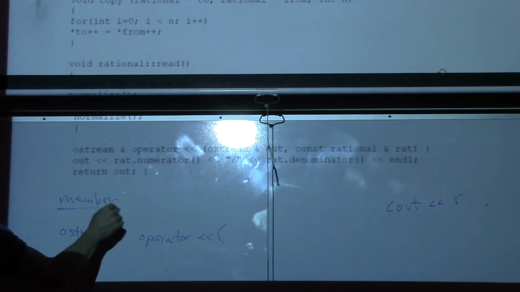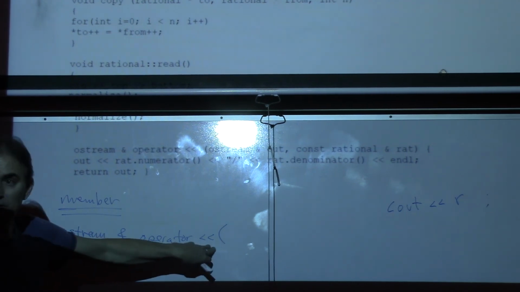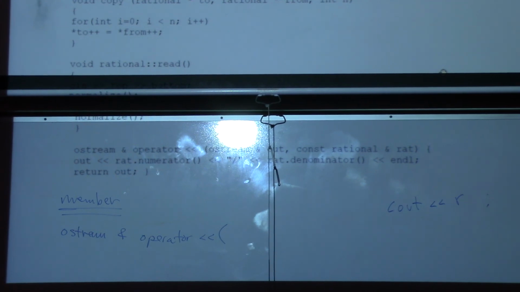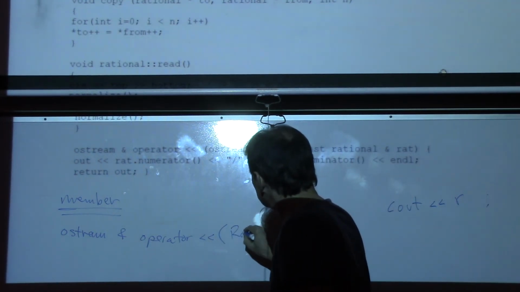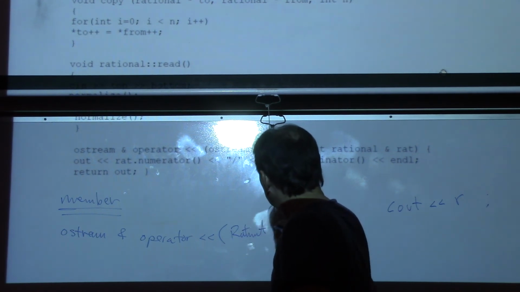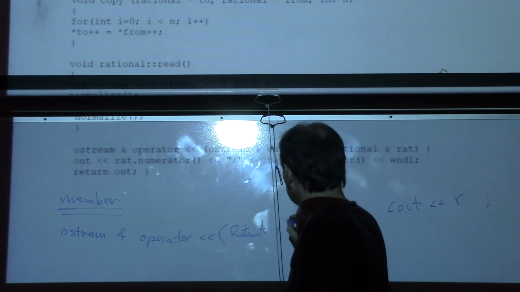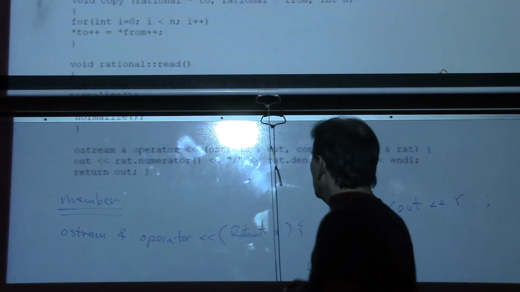I'm going to try to make it a member. So I'm returning this thing. It's an output operator, and as a parameter it's going to have to take what? A rational. So I'm going to just say rational. I can use R, but I'm going to use A. Okay, then I'm going to code it.